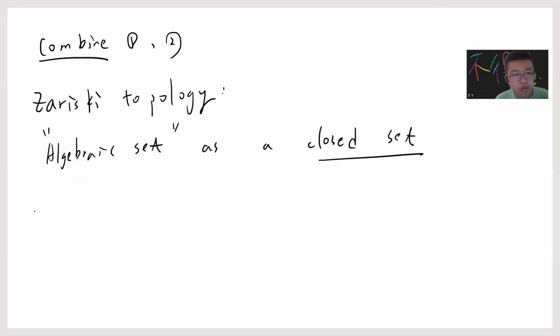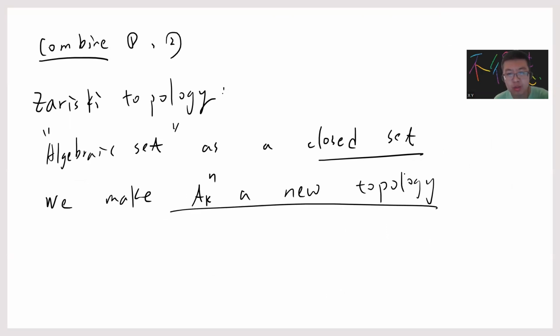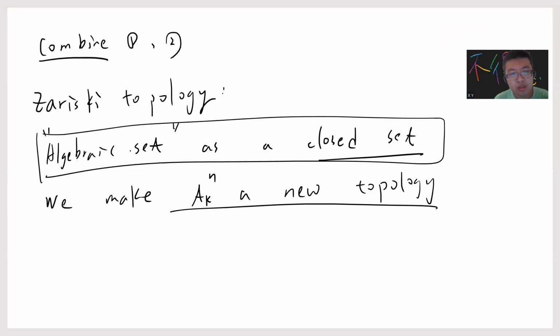So we make A^n over K a new topology. This new topology means that the closed sets are defined to be the algebraic sets. This is called the Zariski topology.